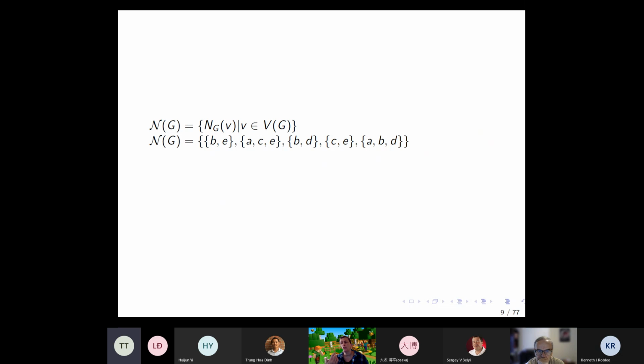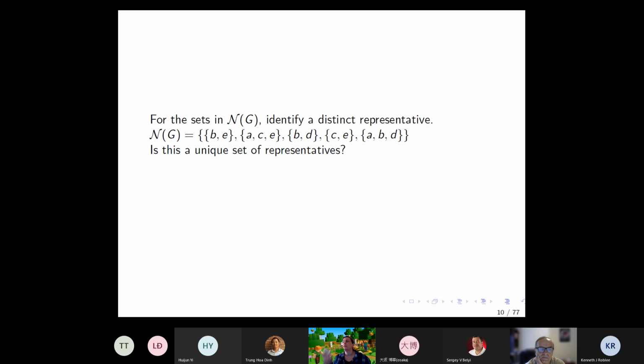So look, there's the curly N. My notation is going to be curly N is the set of capital N neighborhoods. Curly N of G is the set of capital N of G neighborhoods, right? I know y'all know math, but I want to reuse this notation later, so I want to make sure I've established it. So we're going to identify a distinct representative from each of these.